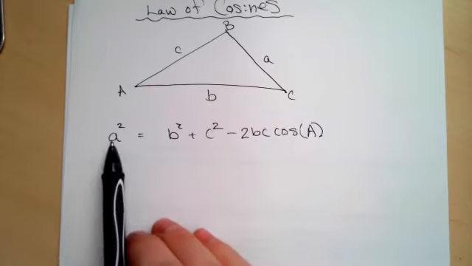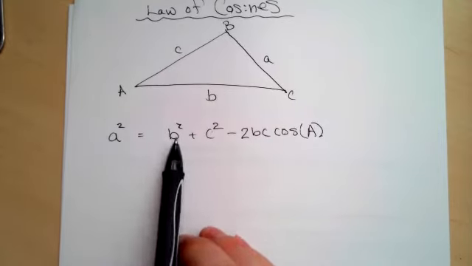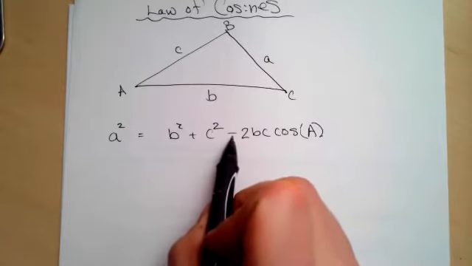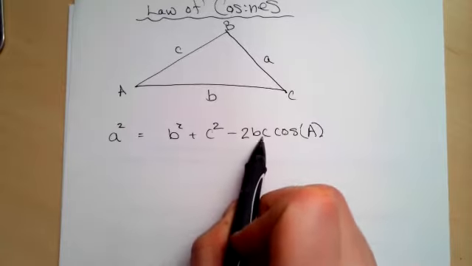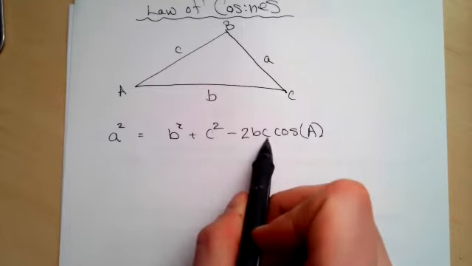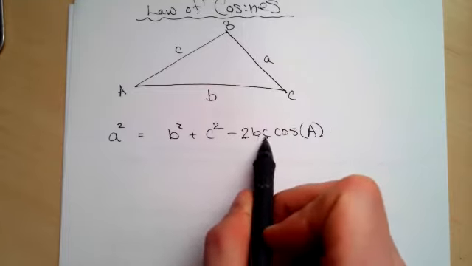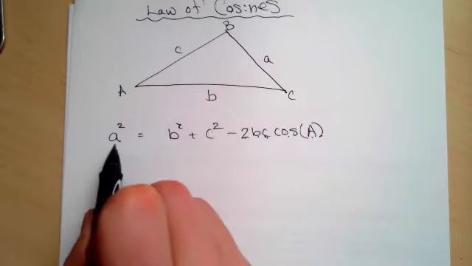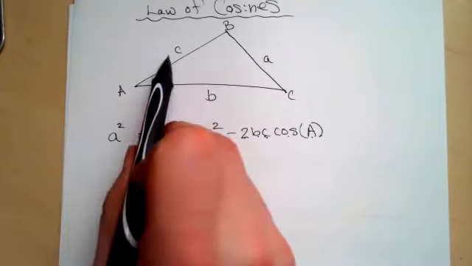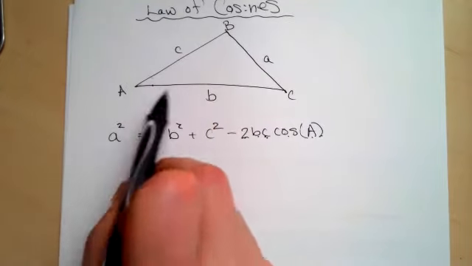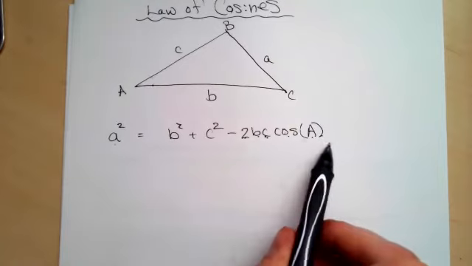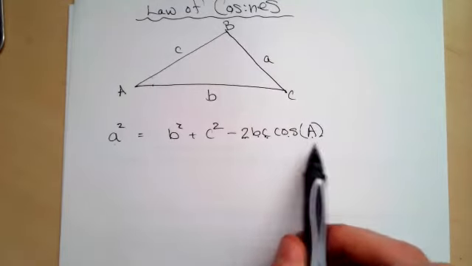So Pythagorean theorem, a squared equals b squared plus c squared, or you can permute all the variables. And then the correction term is always minus the two corresponding sides on the right-hand side, 2 times b times c times the cosine of the included angle. So you want to think about it as given C, B, and A, and then the angle between B and C is what goes here.